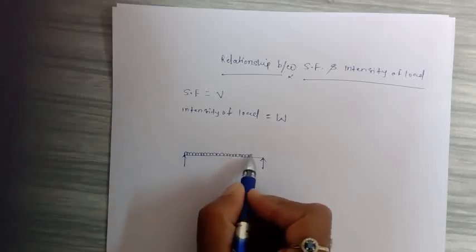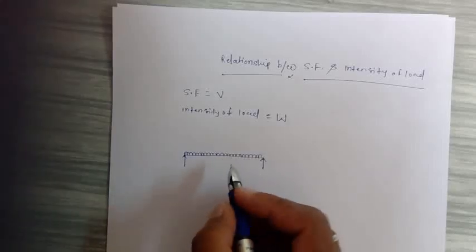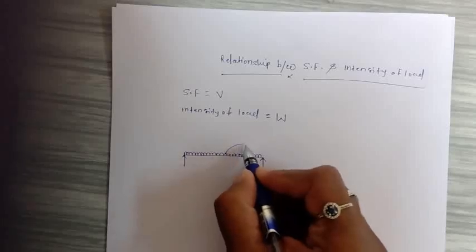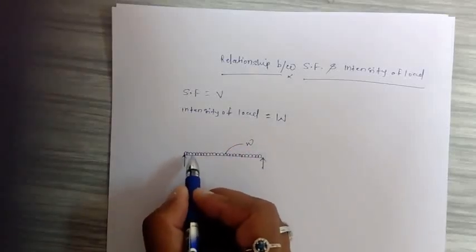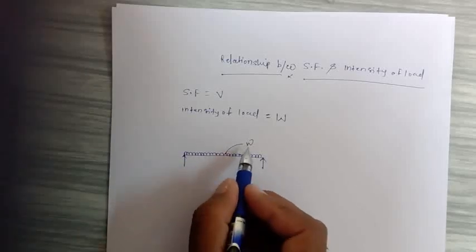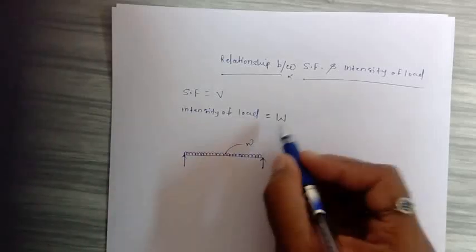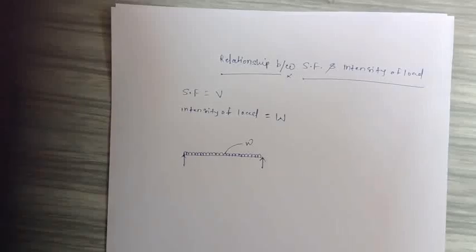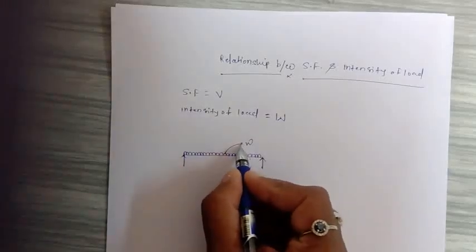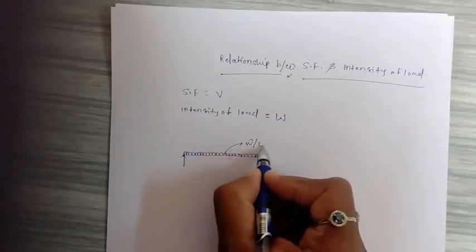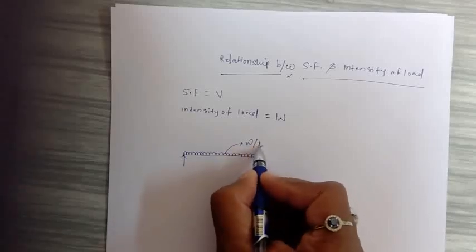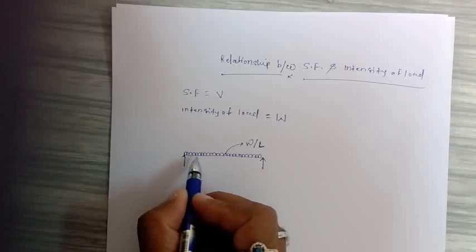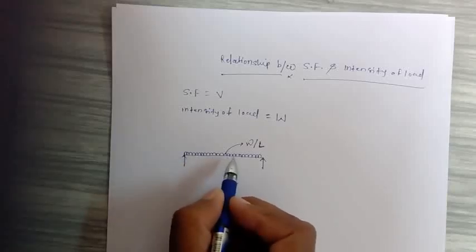When we apply this load onto this beam, this is called W, the intensity per unit length, which we are denoting as W here. So W is nothing but the intensity of load per unit length, represented by this UDL, uniform distributed load.